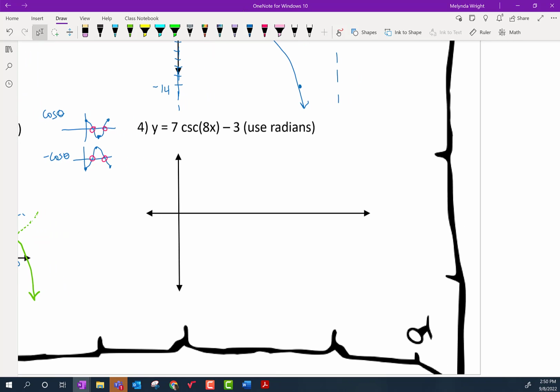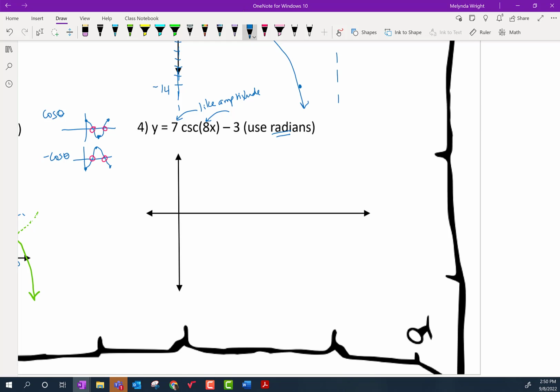Okay, here we're in radians. So this number is like amplitude. This affects the period.